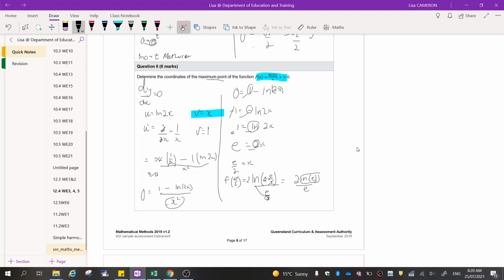Remember, whenever you have log with a base and its other number is here, that cancels to equal 1. So ln is really log with base e, so that's going to cancel to be 1. So see ya. So 2 over e. So the coordinate is going to be e over 2 and 2 over e.